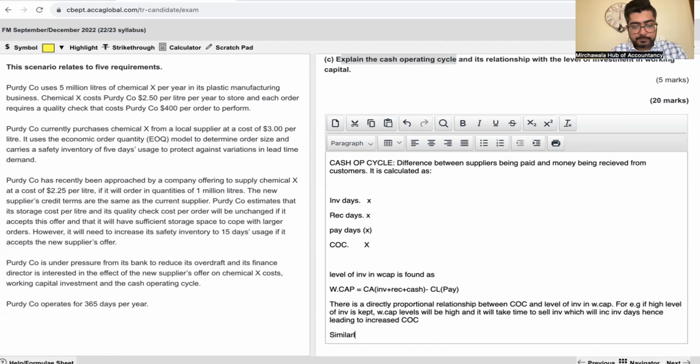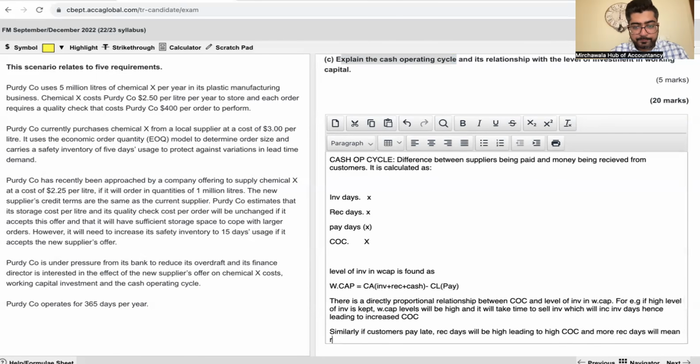Similarly, if customers pay late, receivable days will be high, leading to high cash operating cycle, and more receivable days will mean the receivables balance is also high, leading to higher working capital.